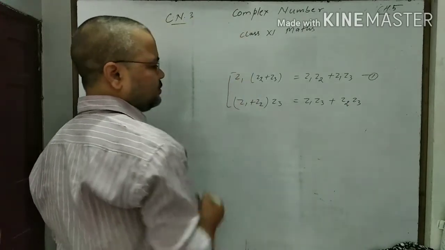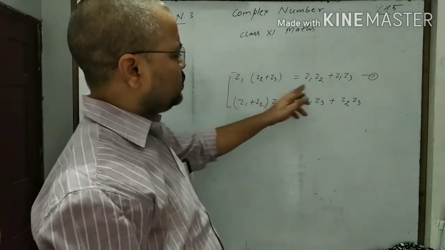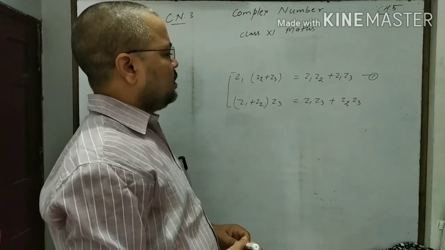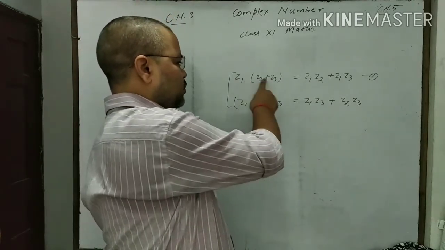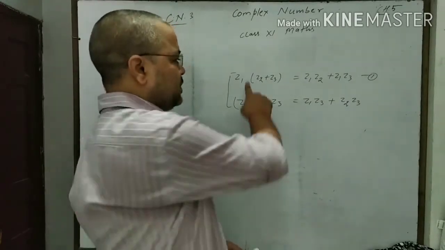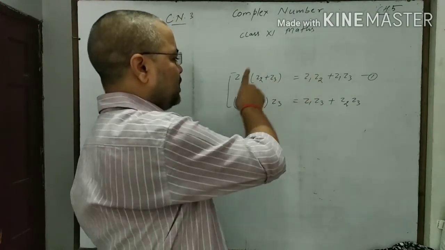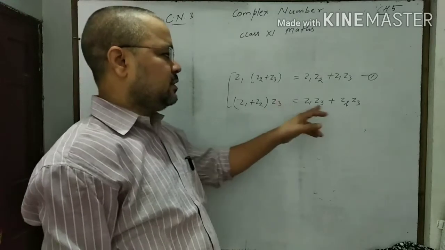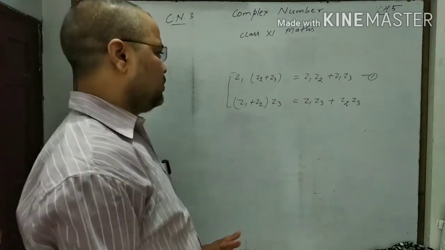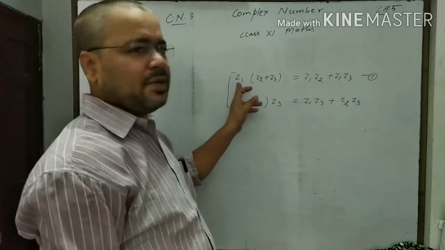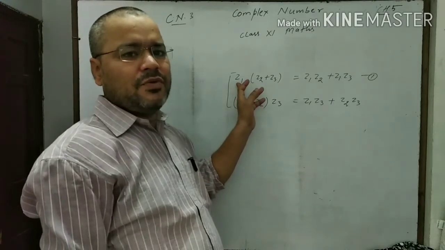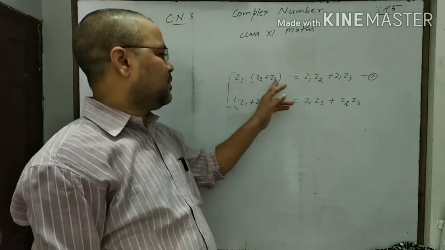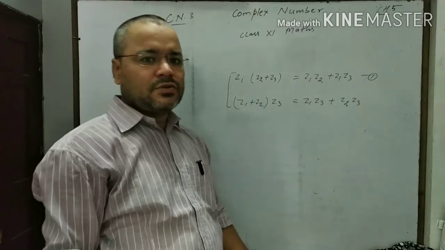These are the concepts related to distributive property of multiplication over addition. Here also it will take this form. And what is z1? A complex number in the form of a plus ib. If we take any three complex numbers, then it will follow this way.